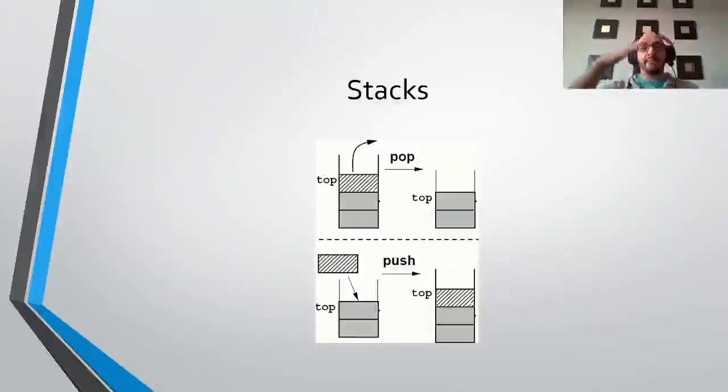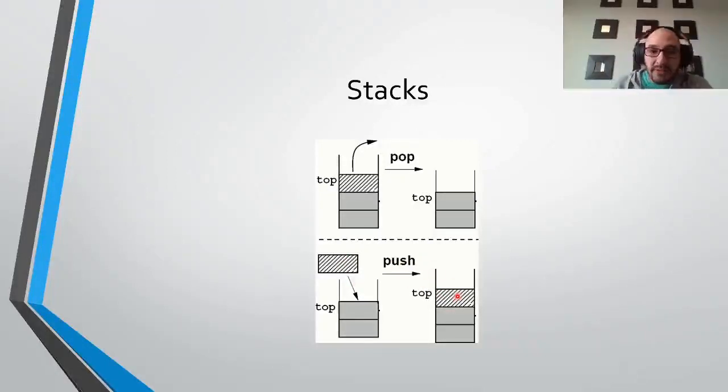And normally we can visualize a stack in a vertical way. So let's take a look at this, for example. If I have a stack of elements, I will pop an element by removing the top element on the stack, and I will push an element by adding an element on the stack.